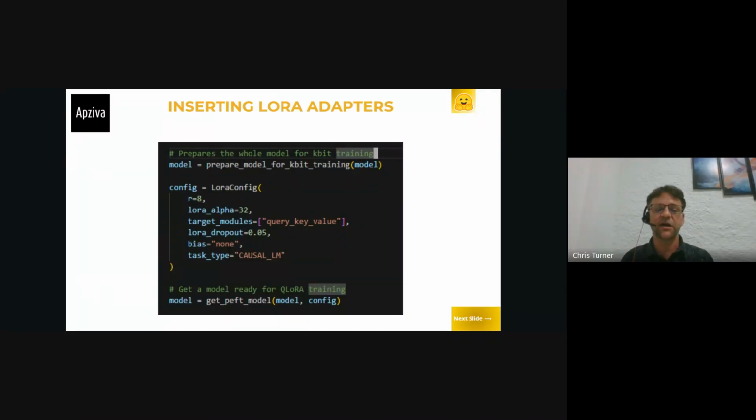So this is allowing us to put these LoRA adapters in different layers of the model. And you pass different strings here to put them in different layers. You can pass multiple different strings into this Python list and insert these adapters in different places. And I think the strings can be kind of different depending on what model you choose. So you might need to look up the documentation of the model to know where you want to insert these adapters, or if you want to insert them everywhere, or whatever you want to do.